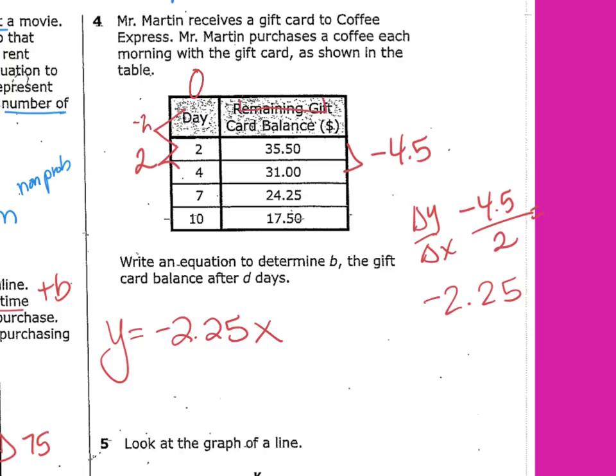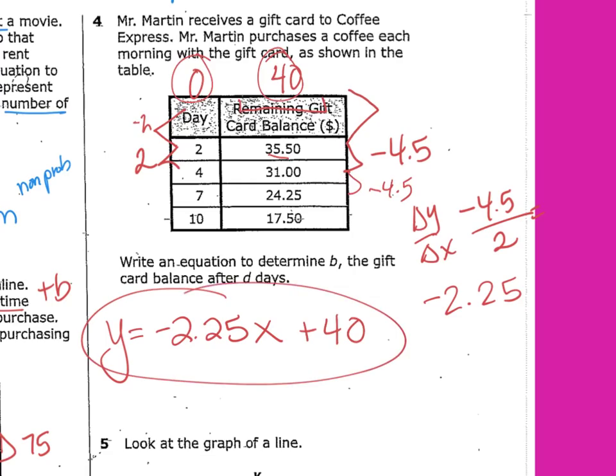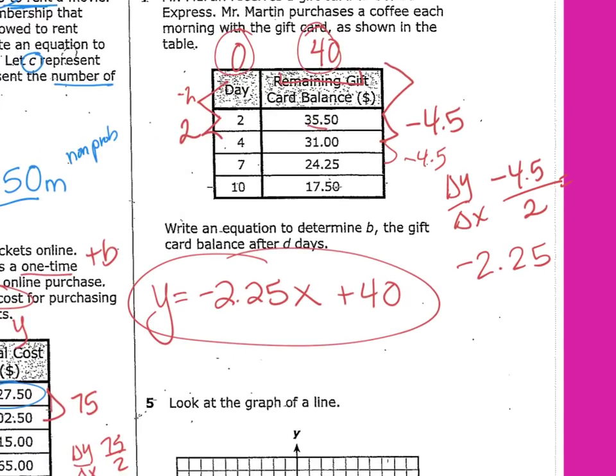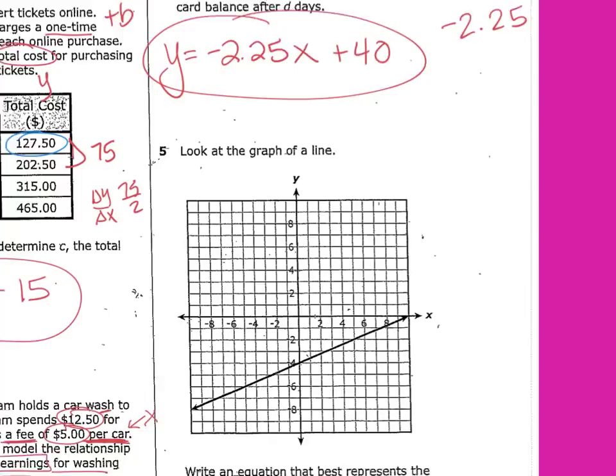Okay, so then since this way would be subtracting, we're going to go backwards. So I'm going to take that 35.5 and add 4.5. And I get to 40. Okay, so remember y-intercept is the value when x equals 0. So positive 40. So negative 2.25x plus 40.